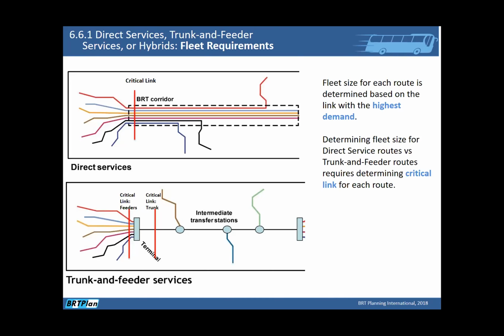So it's a reasonably safe assumption to say that the maximum load on the critical link for the trunk is going to be similar to the total of the maximum loads on the critical links of all the feeders if you were to add them up.